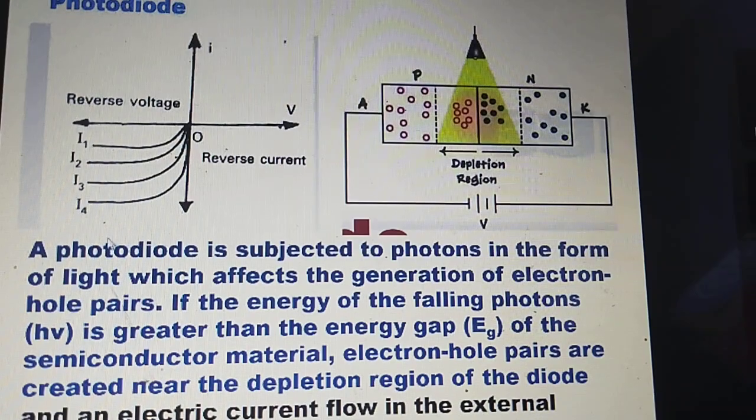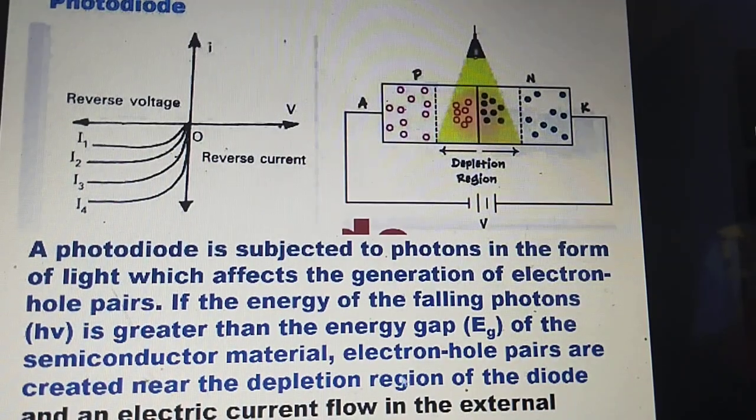If the energy of the falling photons is greater than the band gap energy of the semiconductor material, electron-hole pairs are created near the depletion region of the diode, and electric current flows in the external circuit.